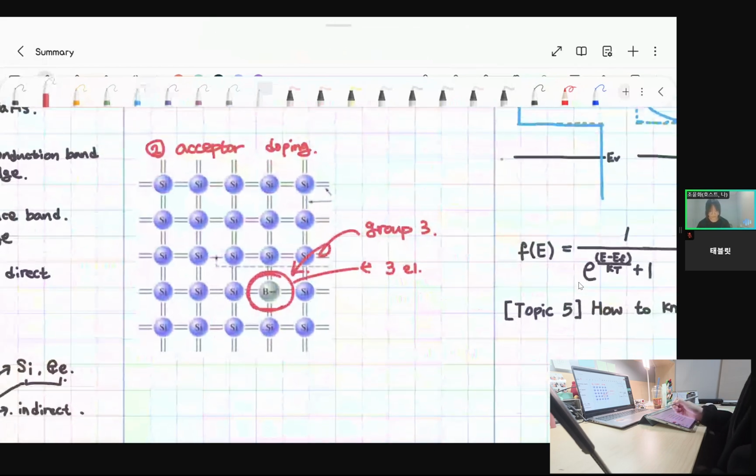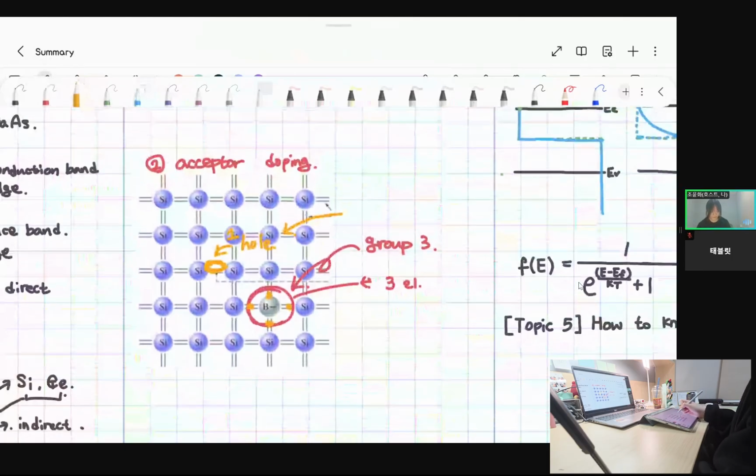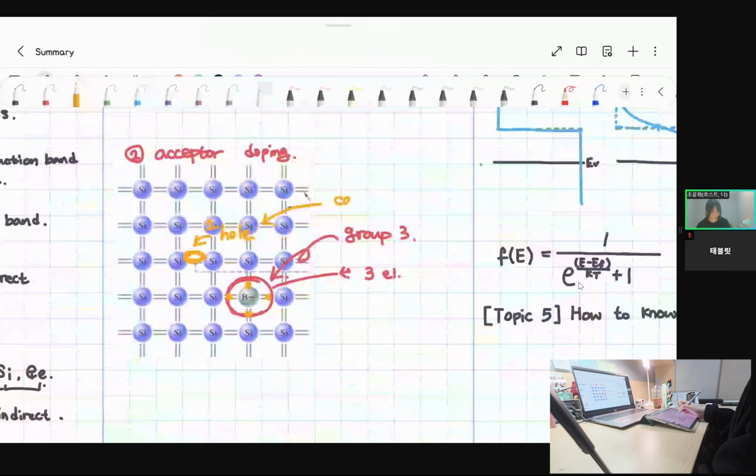So if we make a covalent bond with silicon, we have to get one more electron from somewhere. So there is one hole in this silicon. So in acceptor doping, the carrier is the hole.